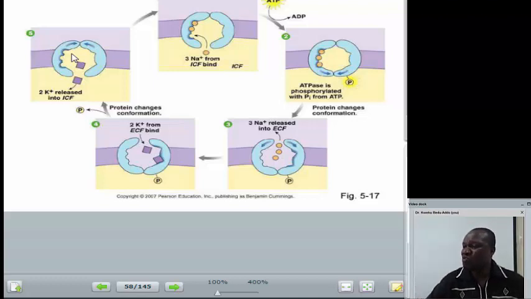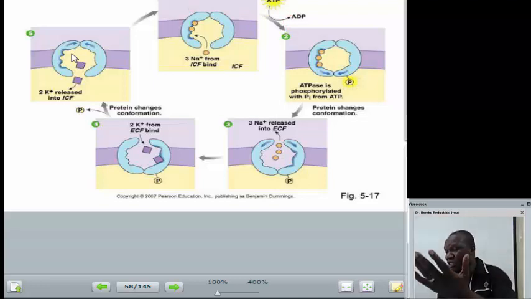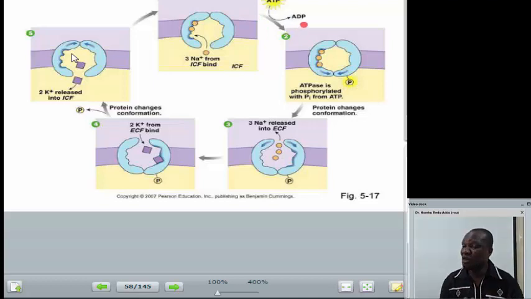While potassium will be moved from the exterior of the cell to the interior, that is, from a region of low concentration to a region of high concentration. So because sodium is moved against the concentration gradient and potassium is also moved against the concentration gradient, energy is required, and this energy is provided by the ATP.